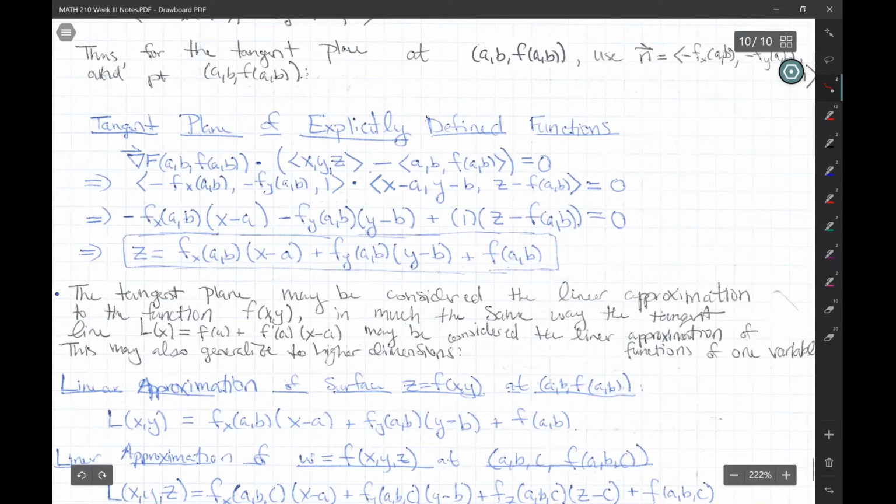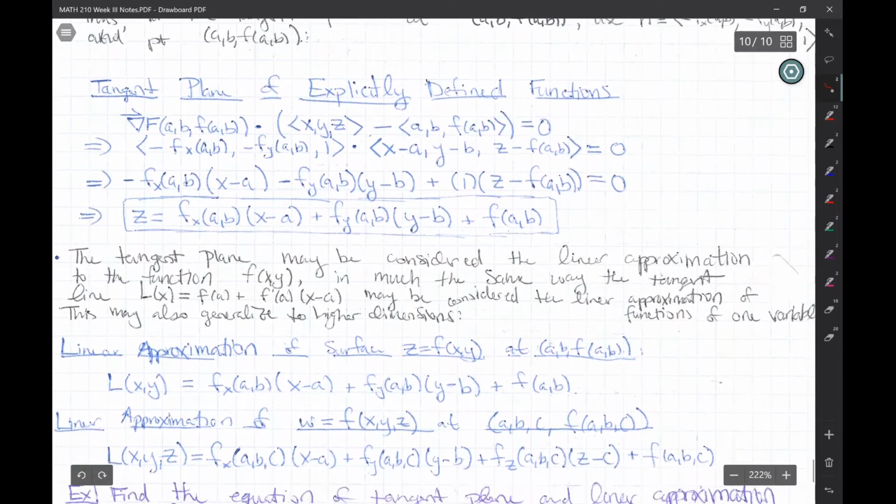So this z could be considered a function of 2 variables. This z for the tangent plane could be a function of 2 variables, L(x, y), which we call the linear approximation, and this right hand side is the exact same as the right hand side here.